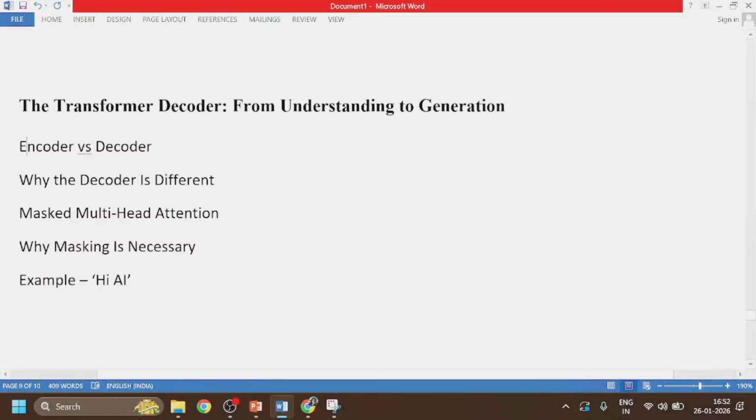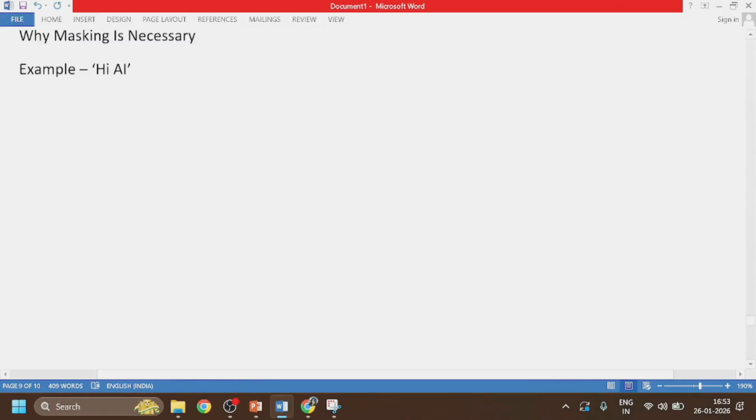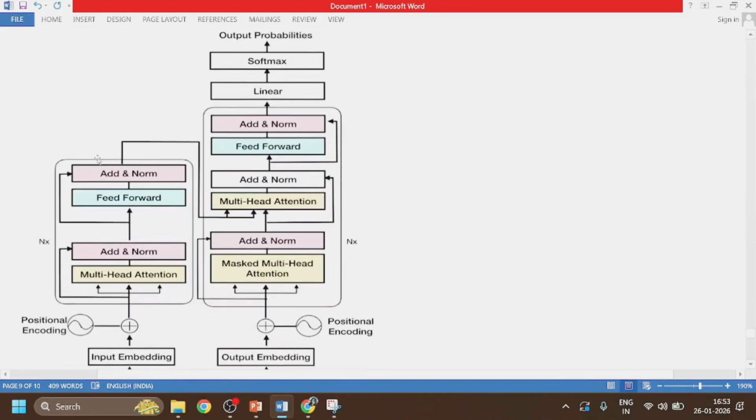Now we are going to understand encoder versus decoder. This part of the diagram is the encoder, and this part is the decoder, and the whole thing is the transformer architecture.